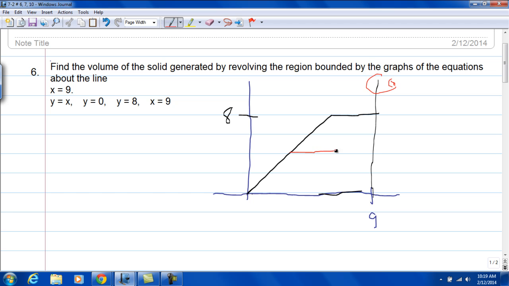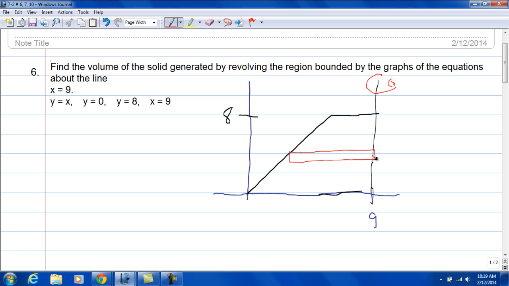When we think about this, we will have our approximating rectangles perpendicular. This is 7.2. So the approximating rectangle is perpendicular to our axis of revolution because we're looking at this shape as it goes along that axis. Now this side over here is just going to be 9. And what's this side over here?